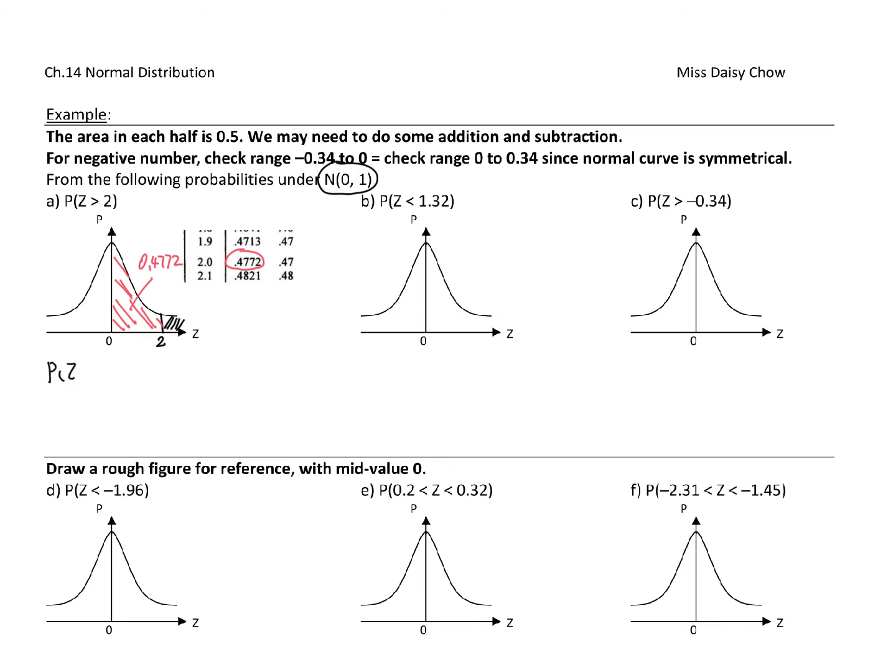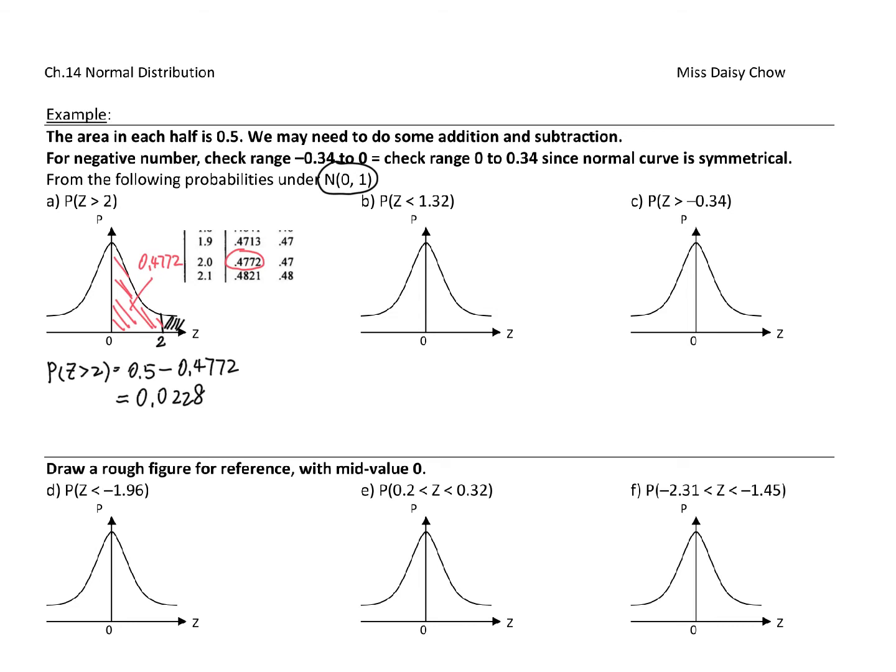So the probability would be 0.5 minus 0.4772. So press the calculator. You will get the answer 0.228. So this is part A.